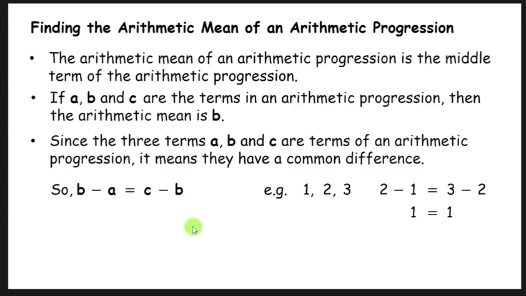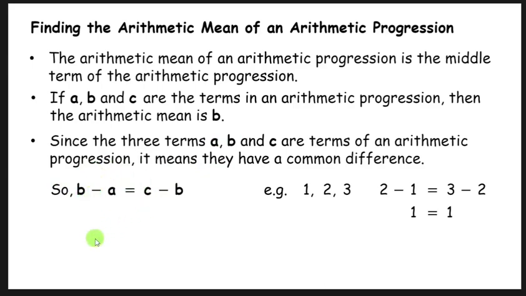Now, we know that B is the middle term and it is called the arithmetic mean. So how do we find the formula for finding the arithmetic mean? Using this equation, we collect like terms together.